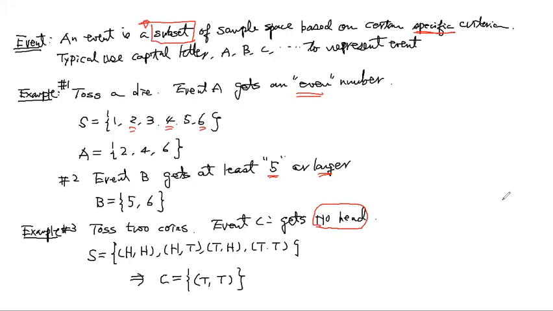All right, so it's pretty simple, right? So the sample space and the event are just a collection of possible outcomes. Sample space is all the outcomes. Events depend on how you define them. Okay, so the next topic we want to talk about is event operations.